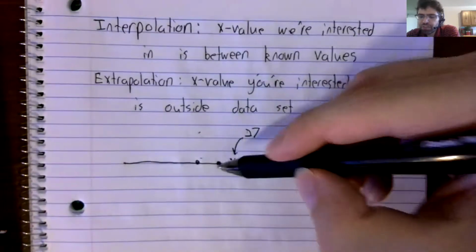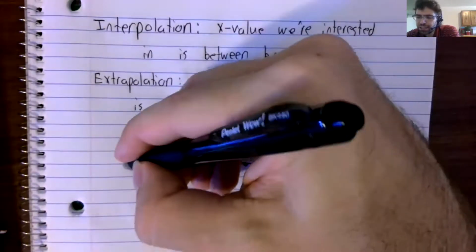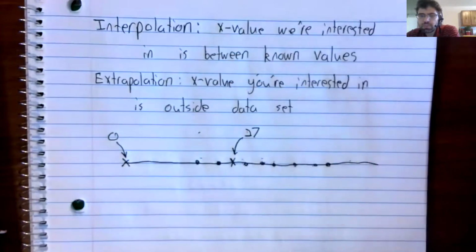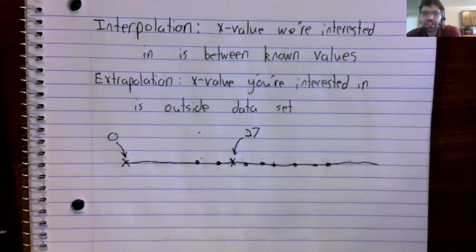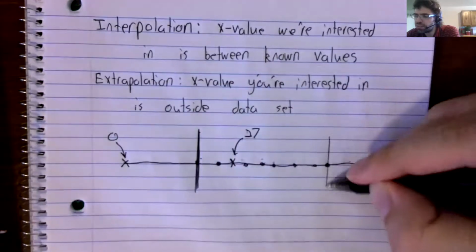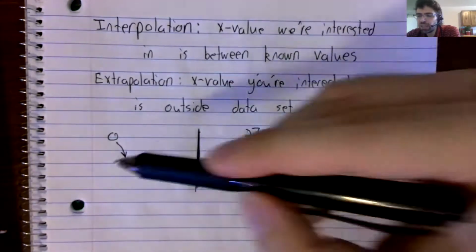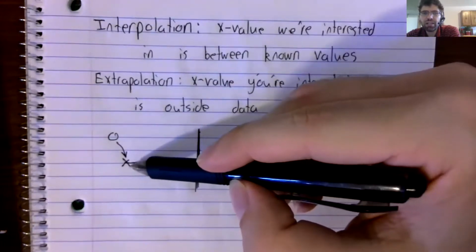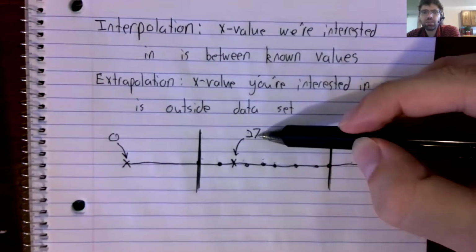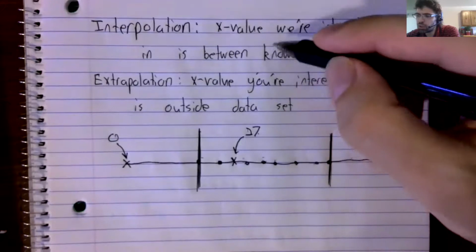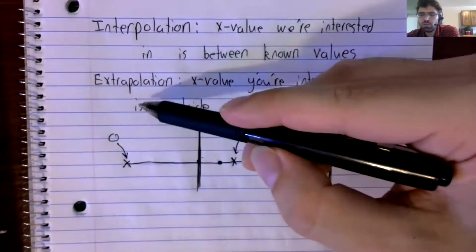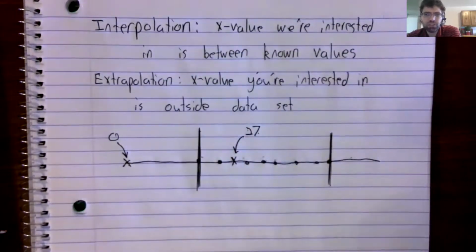Data on its left, data on its right. 0 is completely outside that data set. Our data set runs between this and this, and 0 is outside of that. So when we used x equals 27, that was interpolation. When we used x equals 0, that was extrapolation.